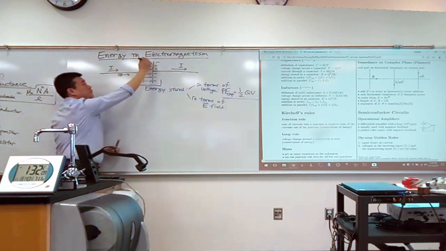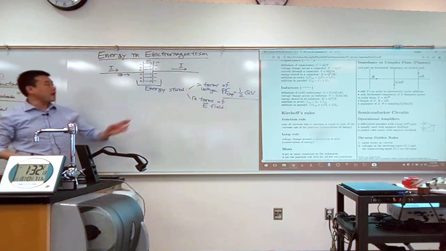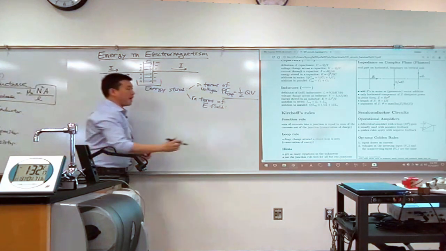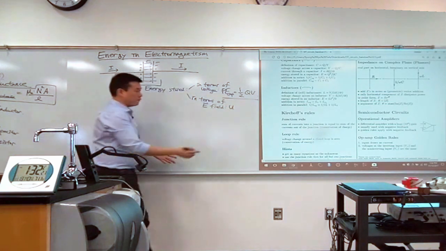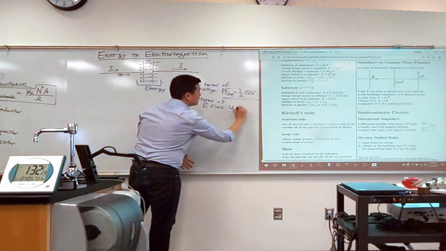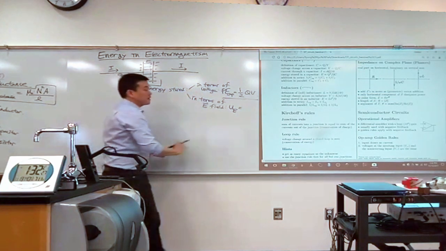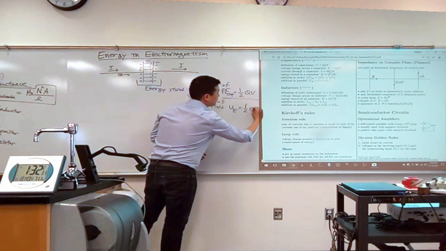And what we describe here is the energy density, lowercase u, of this electric field. We derived this expression by considering this example. And the energy density here was 1/2 epsilon naught E squared.